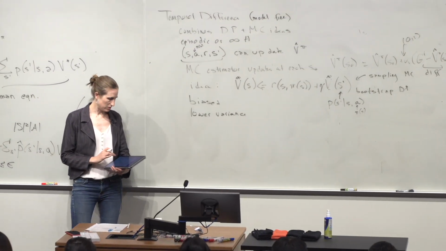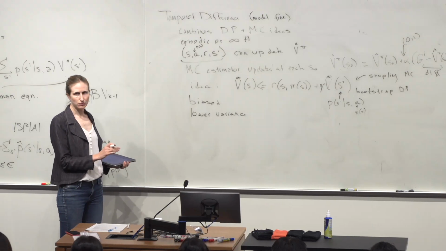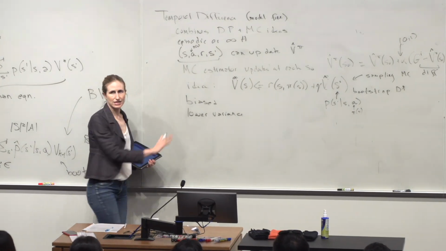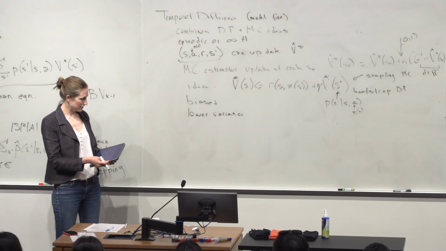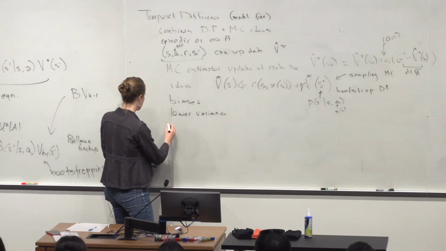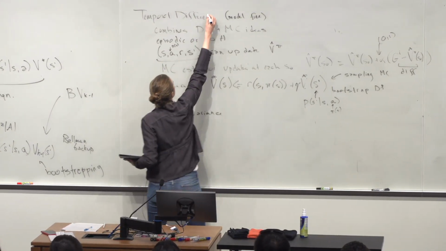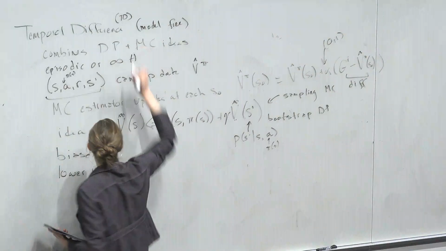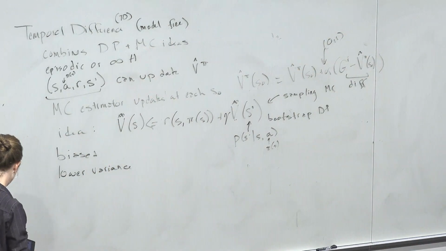Okay, so let's write down exactly what TD is. This is the idea to move towards this. The temporal difference learning, which we call TD, is going to look like the following.